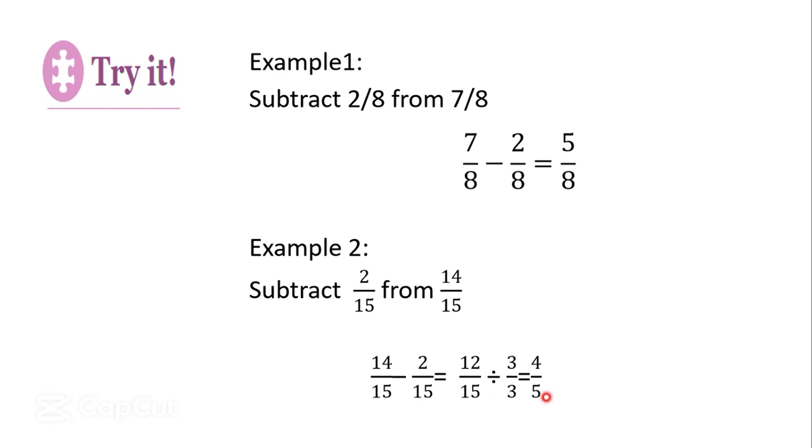Since we cannot find another number to divide 4 and 5, 4/5 is our final answer. Understood? So remember, copy the common denominator and subtract the numerators. Then write your answer in lowest terms.